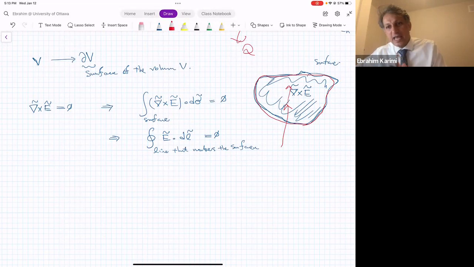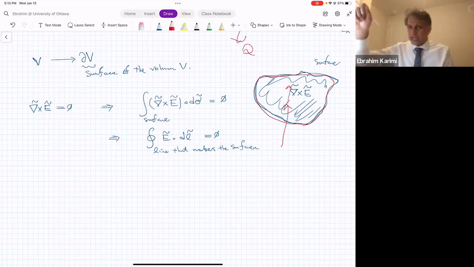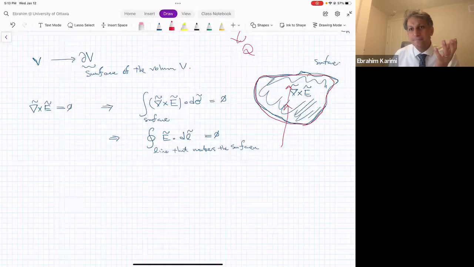Here it is electrostatic, and the curl of E being 0 tells us that rotating on a circle, you get exactly the same value. Good. That also tells you that you can define the potential for it. Is that clear?